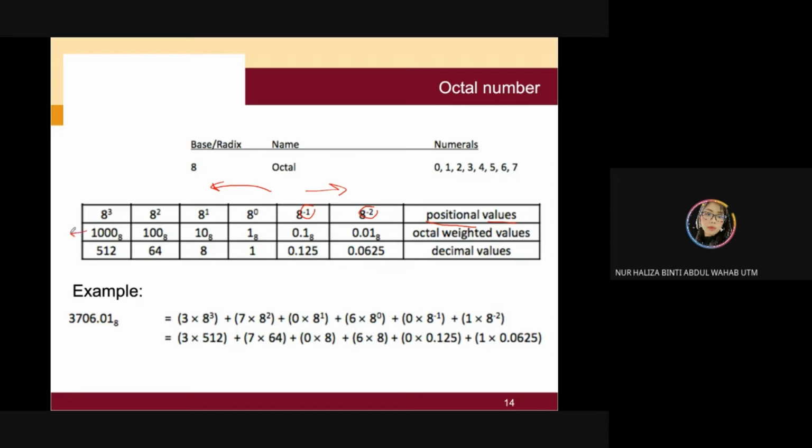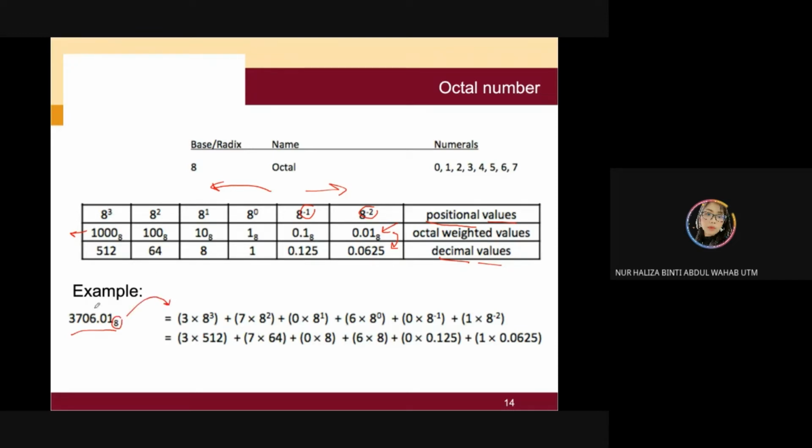This one is an example for the value. If we are given this number, how are you going to convert it to the decimal value? Over here, you were given the octal, and you will do similar things.